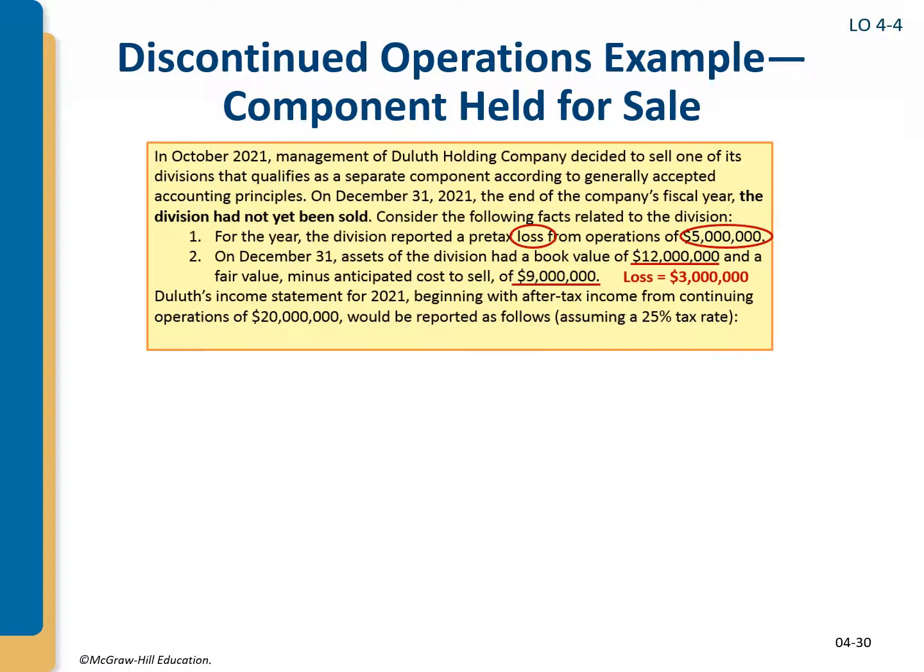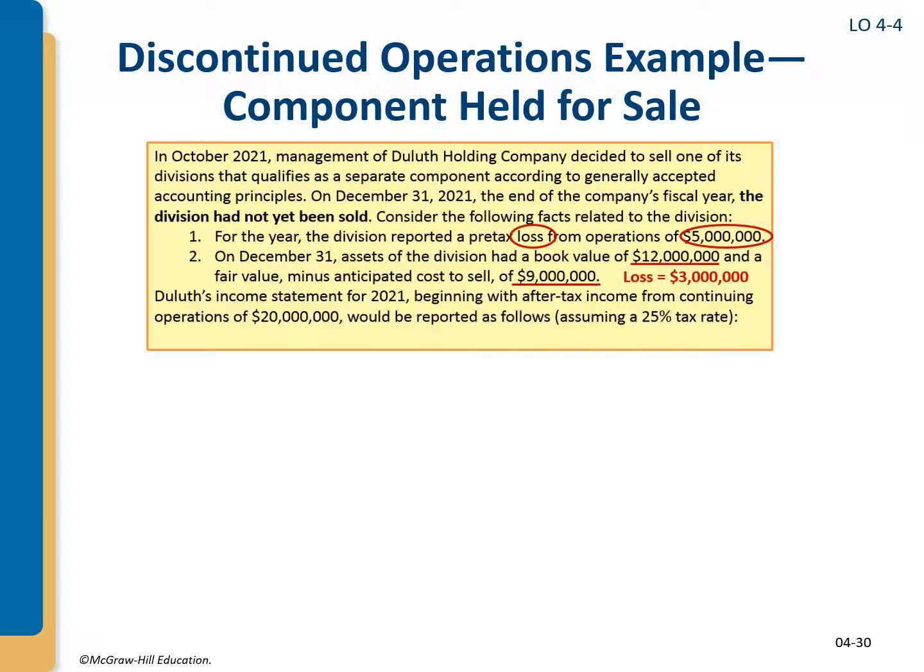Here's what's happening. The loss for the year was $5 million. On December 31st, the division's assets had a book value of $12 million, but they were only worth $9 million. So if they sold them, they would only be able to sell them for $9 million. This is an impairment loss. This loss must be recognized now, not when the sale actually occurs.